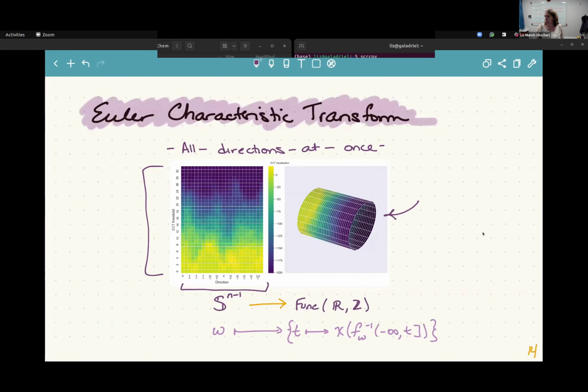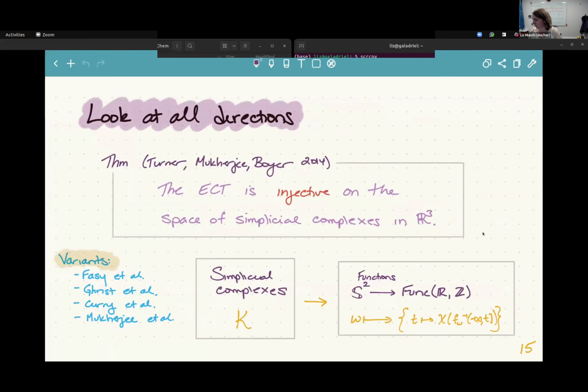Okay, so what's the justification for doing all of this at once? It turns out that this process, the Euler characteristic transform, which basically takes in a shape and spits out this giant cylinder-looking thing, is actually injective on the space of simplicial complexes that you could have built in R2 or R3.